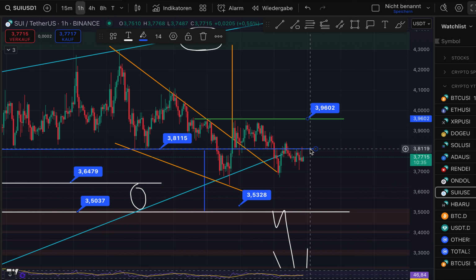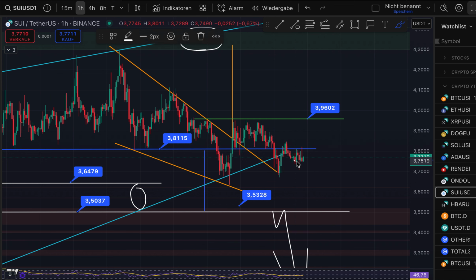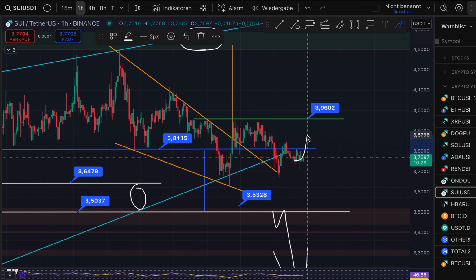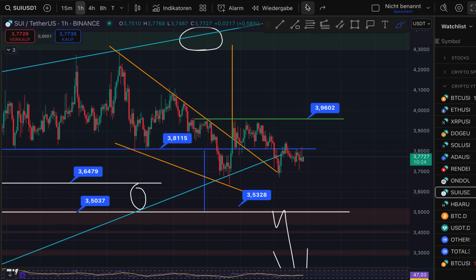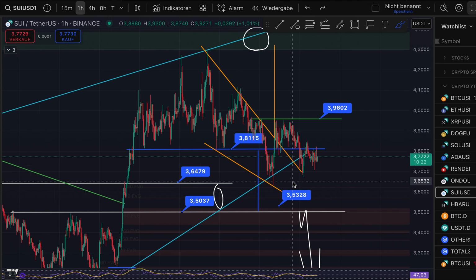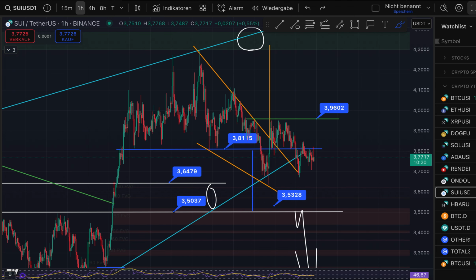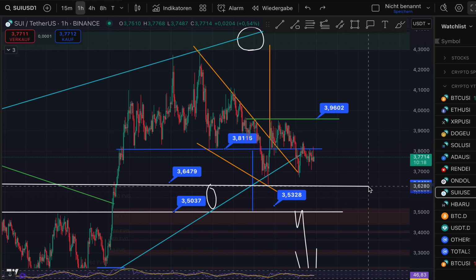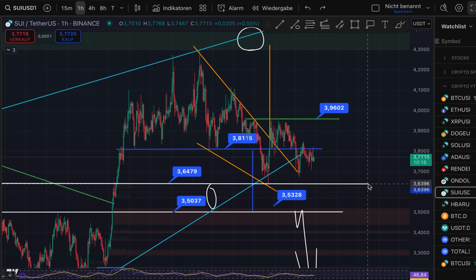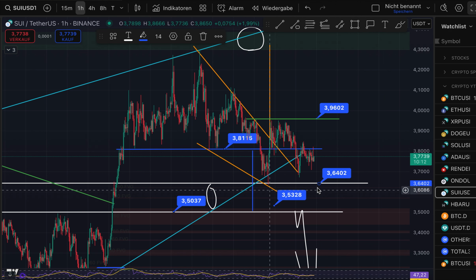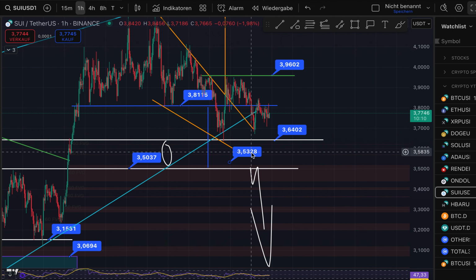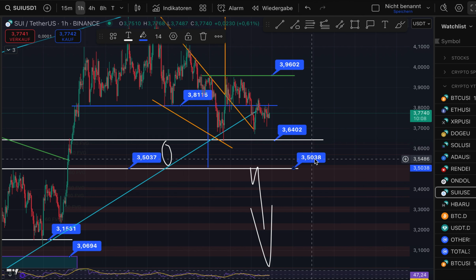I think that I'm still not going to do it, because this can also be just a small bounce and afterwards we sell off. So the $3.64 have to hold in my opinion. If they break to the downside, then we can drop to $3.50.